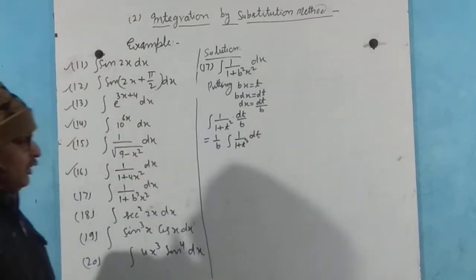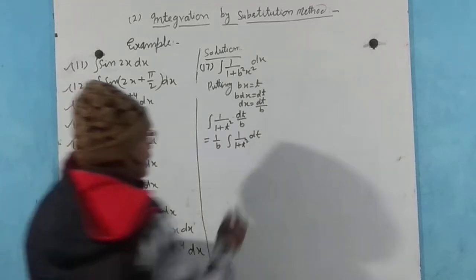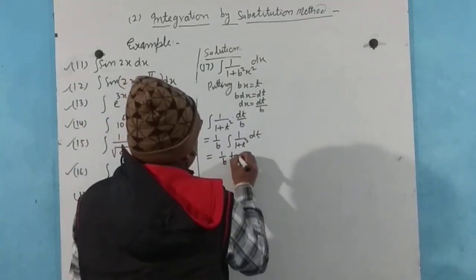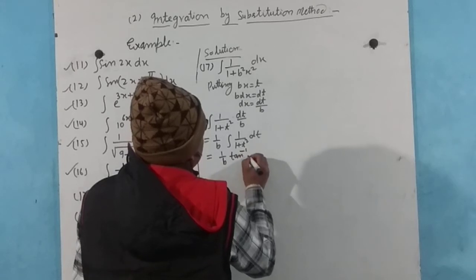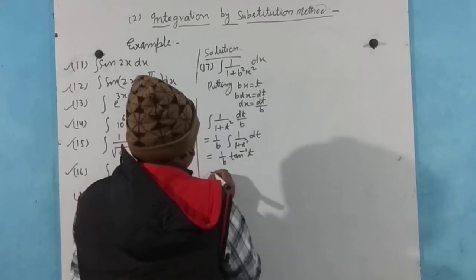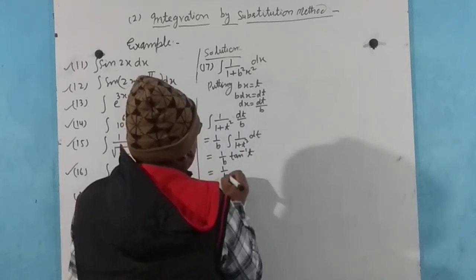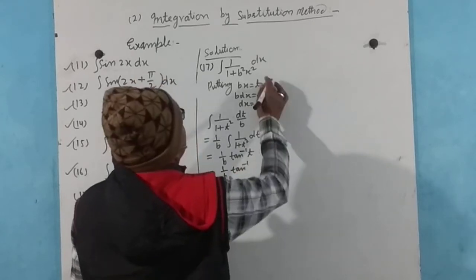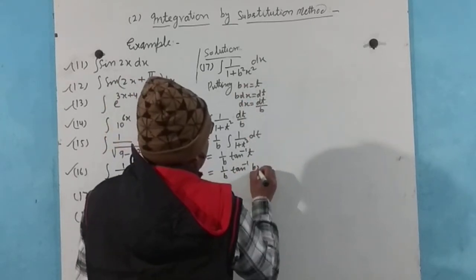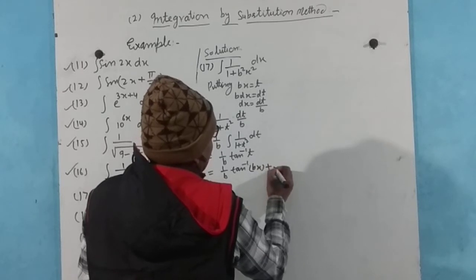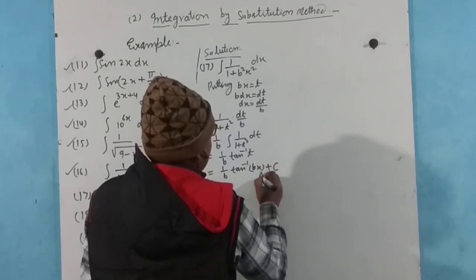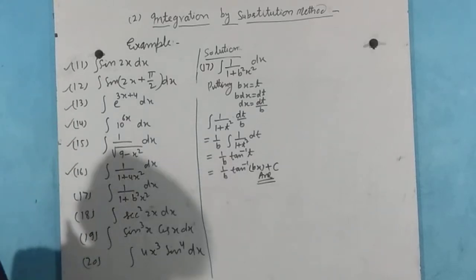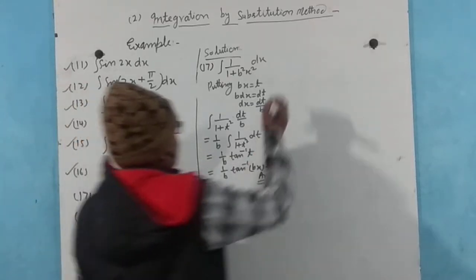The integration of this is tan inverse t, so 1 by b tan inverse t. Putting the value of t, 1 by b tan inverse bx plus integrating constant c here. This is the answer.